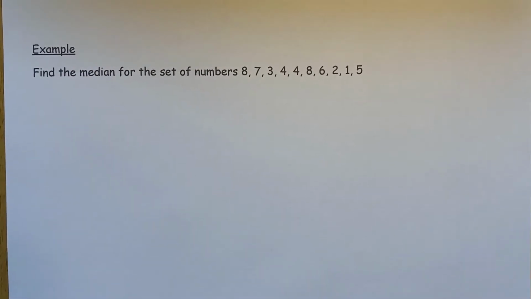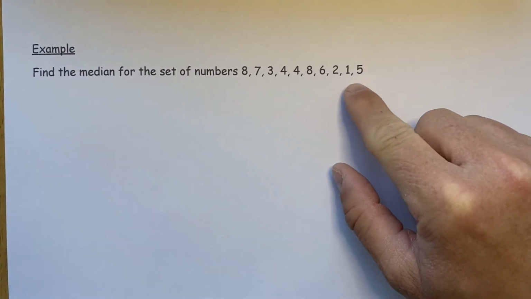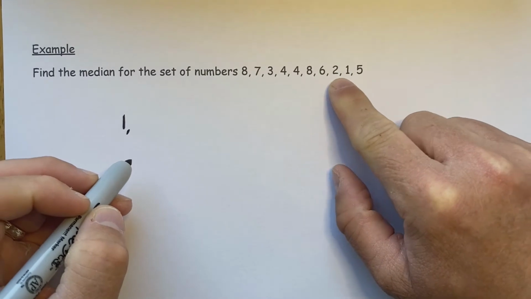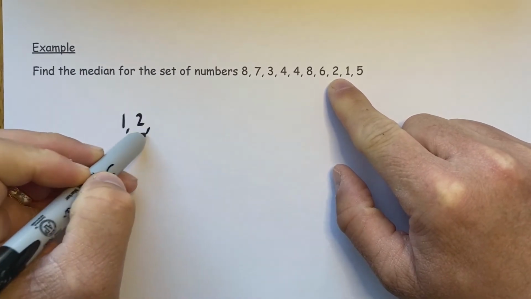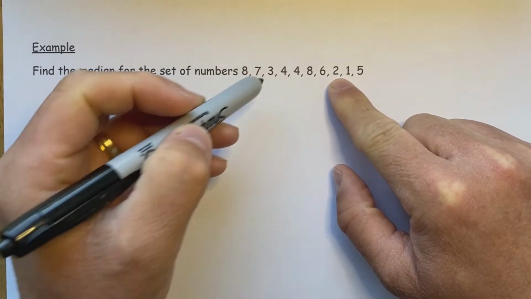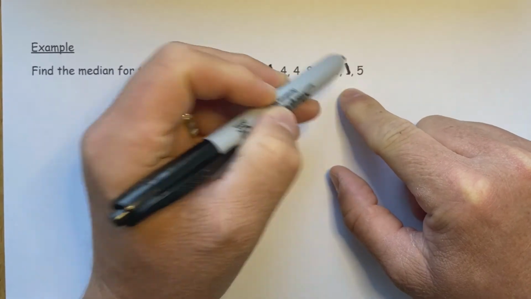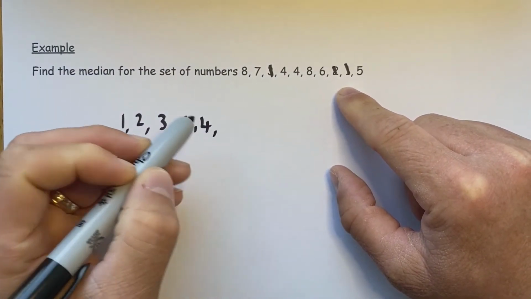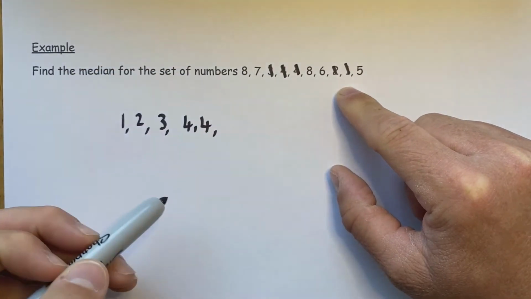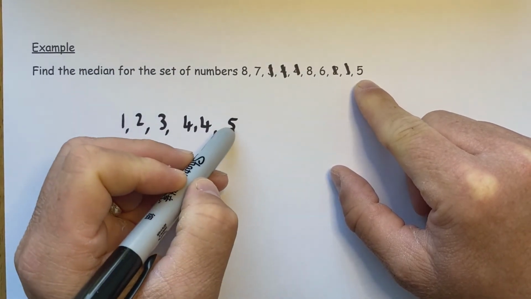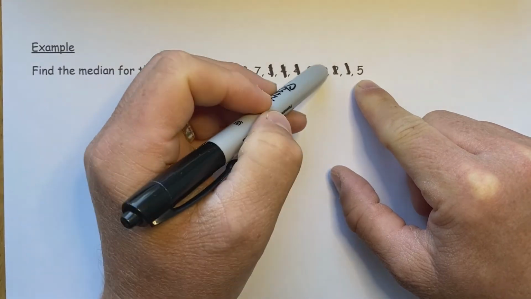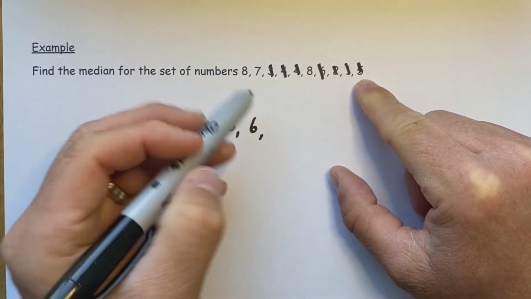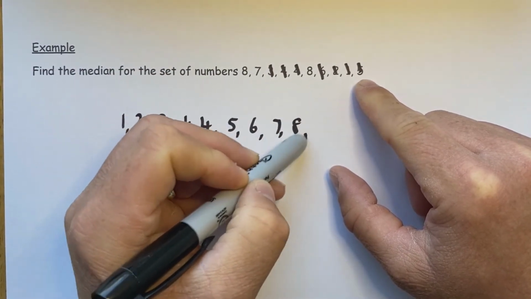A second example. We can see that the smallest number is 1, then we have a 2, then we have a 3. We've got a couple of 4s, then we have a 5, a 6, a 7, and 2 8s.